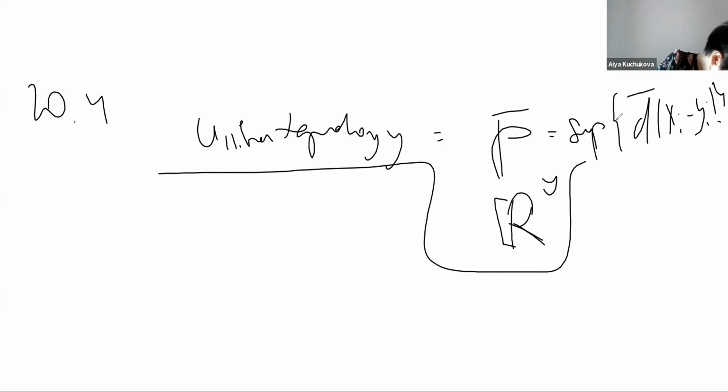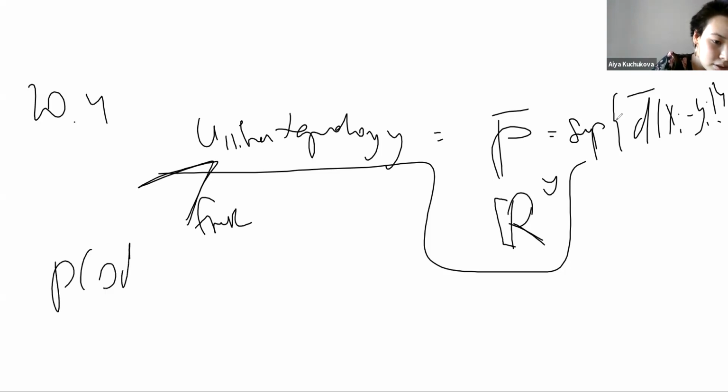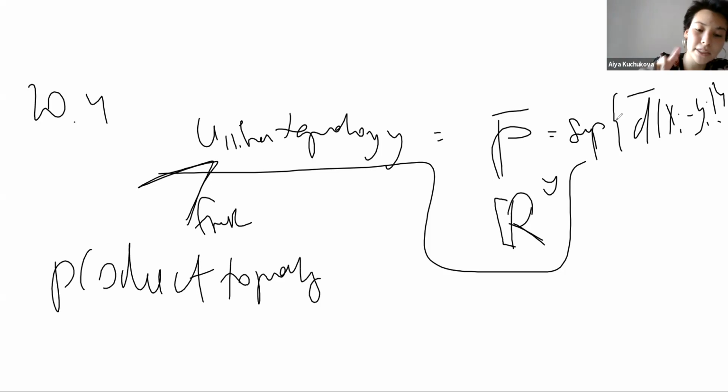Then basically what we know about the uniform topology is that we want to show that it's actually finer. So let this be finer than the product topology. But it's coarser than the box topology, so I mean that the box topology is finer.